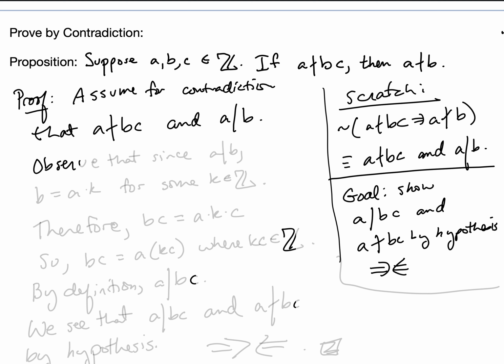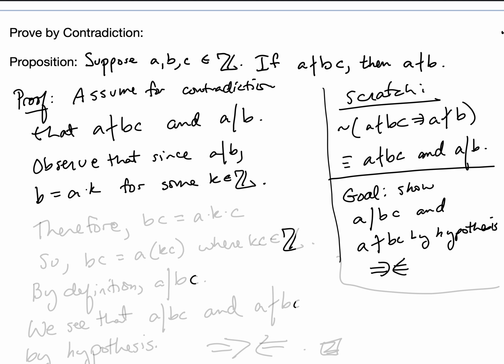Observe that since A divides B, that means that B is equal to A times, we don't want to use C, we'll say A times K for some integer K, because C has already been used.